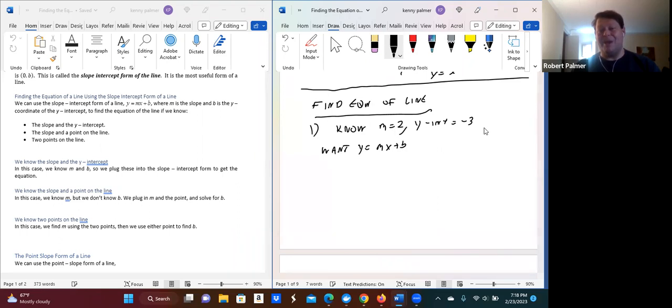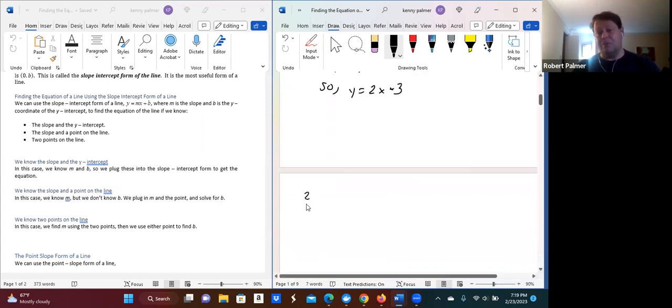Well, this is my m, and this is my b, the y-coordinate of the y-intercept. So this is the easiest case. I simply plug those in, and so we have y equals 2x minus 3. You graph that line, and that's the only line that has a slope of 2 and a y-intercept of -3. That's the easy case. Just plug those in.